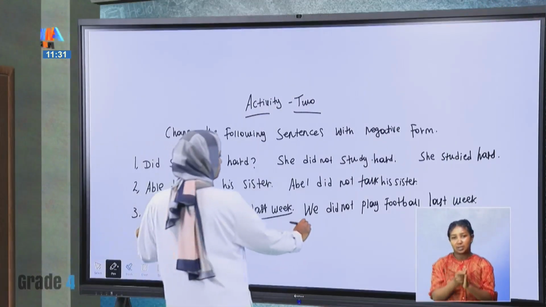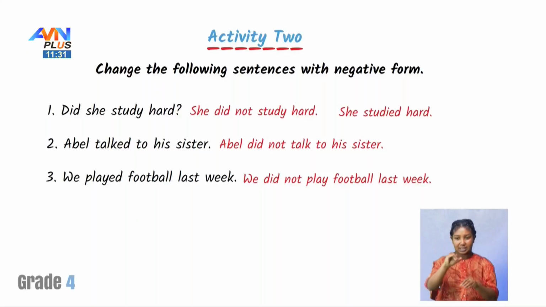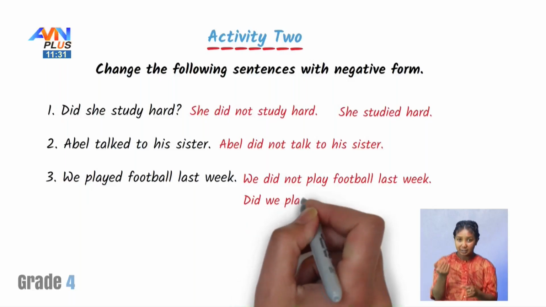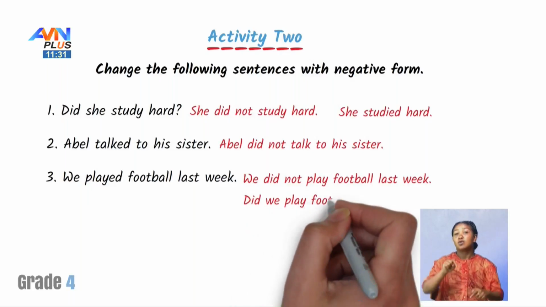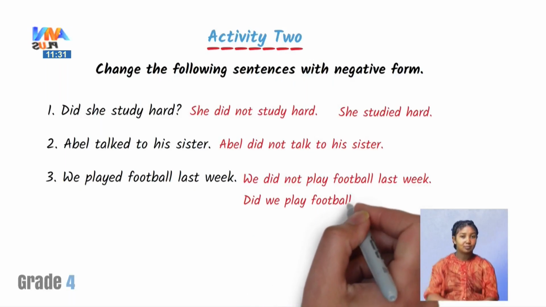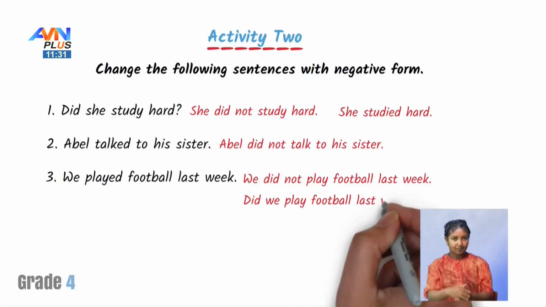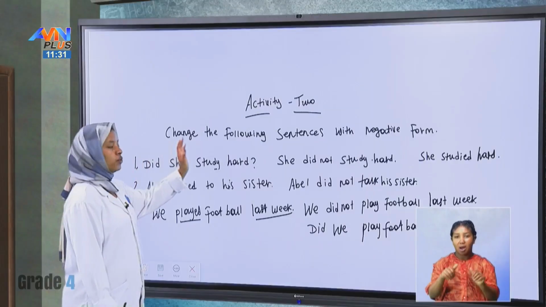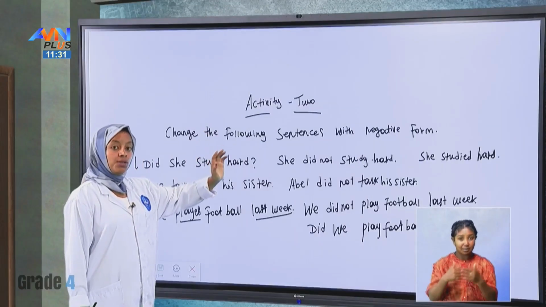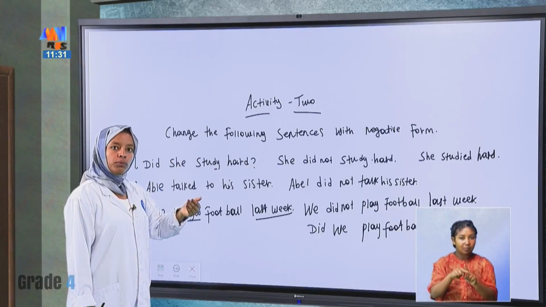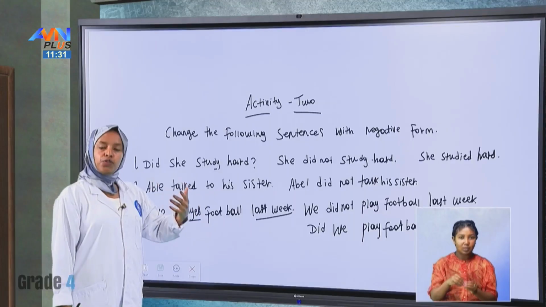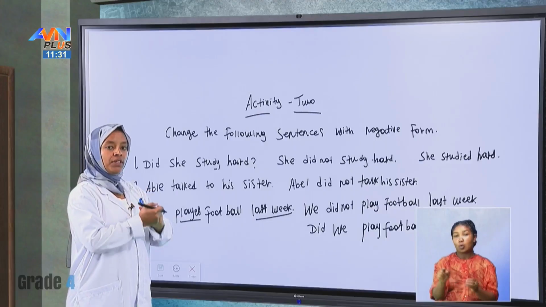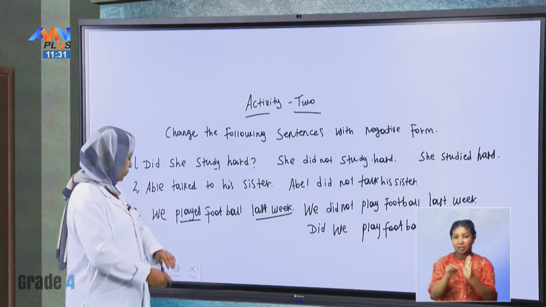For example, did we play football last week? This is the method of how we are using simple past tense as affirmative form and also negative form, and also as interrogative, positive, and negative forms.